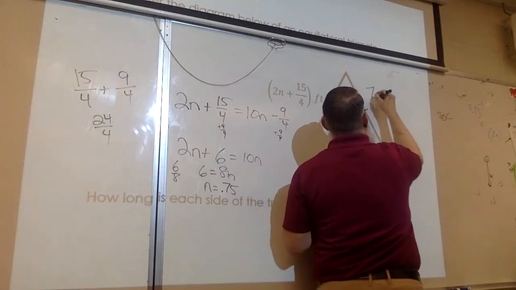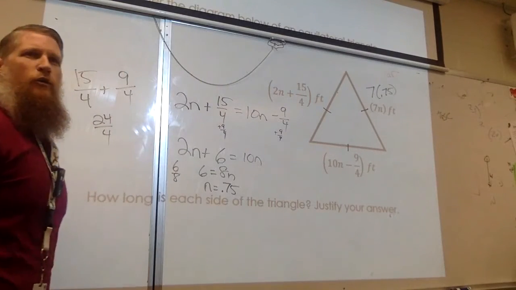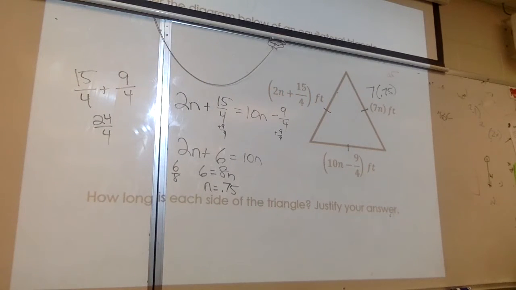And then it's all congruent. So what's 7 times 0.75? Oh, calculator, let's go. Guys, everyone should be doing this. If you're doing something else, get your stuff focused. Come on. 5.25.